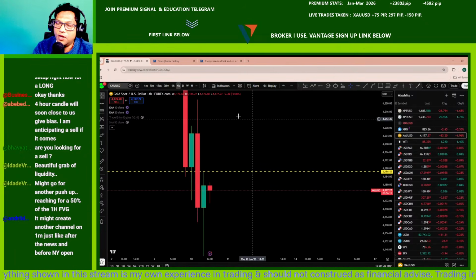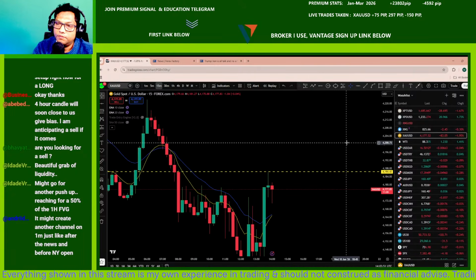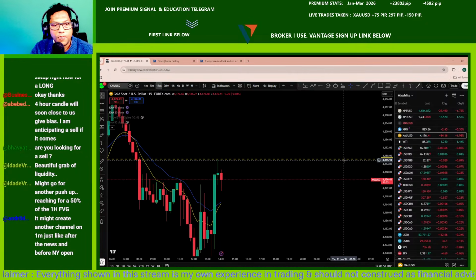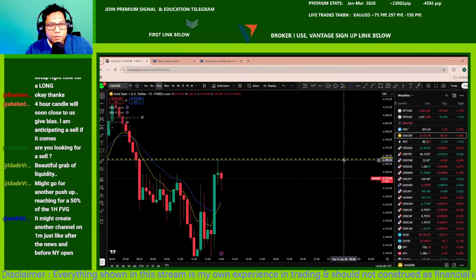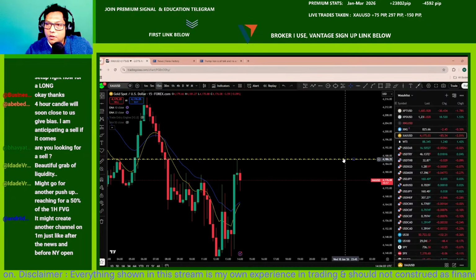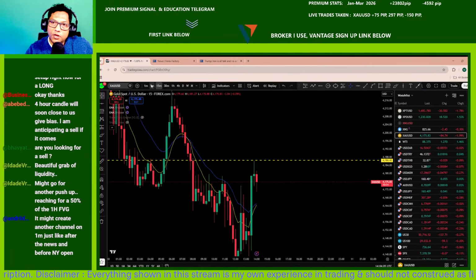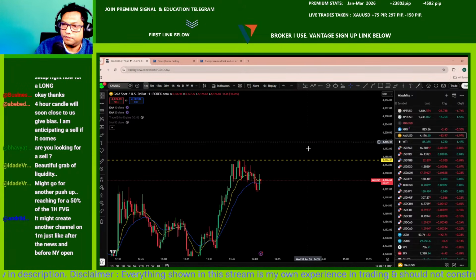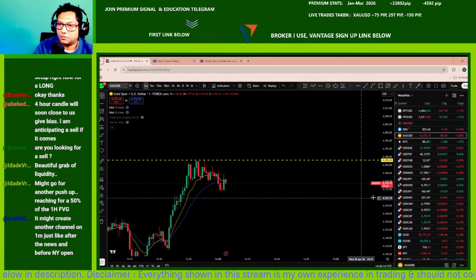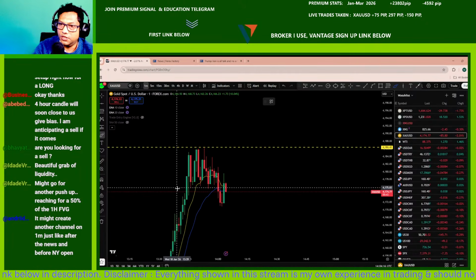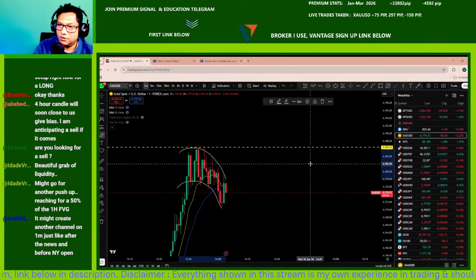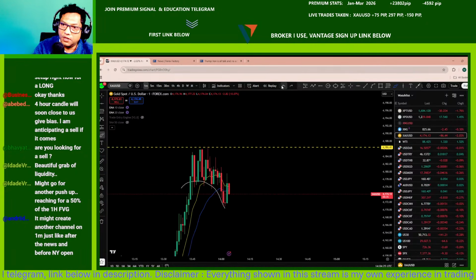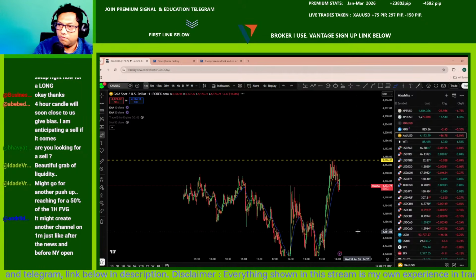Okay, now if you look at the lower time frame, you can see here this is currently a structure, but this time the buying pressure looks a little stronger.